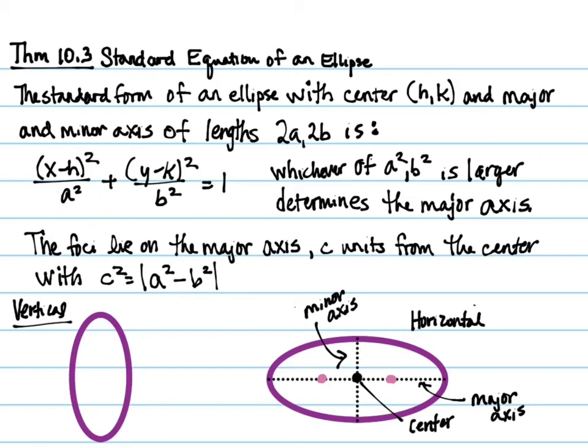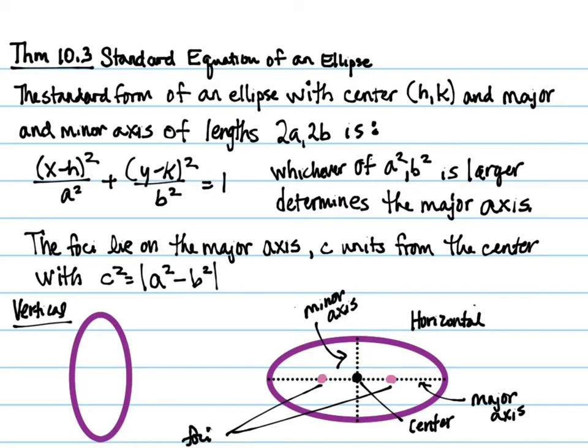Those are going to be my foci. You can tell they're equidistant from the center by the value c. And c is found by taking the larger of the denominators minus the smaller of the denominators, and then a square root. Okay?